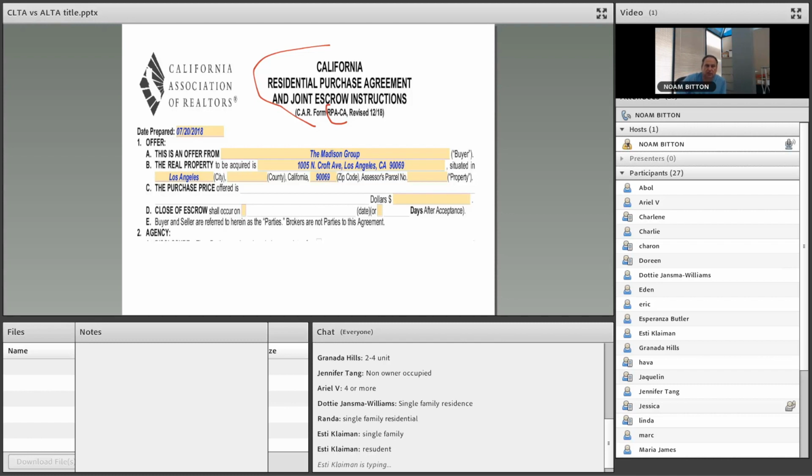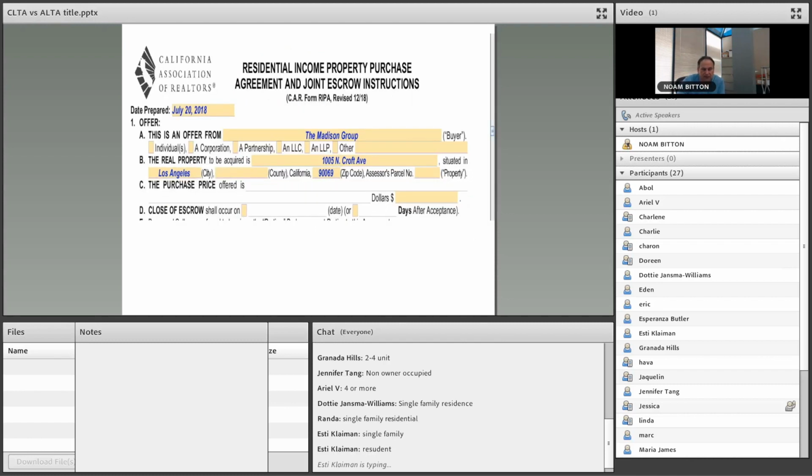That's for the RPA. However, any income property, which is basically a property that generates income to the owner, has to be written, the way I want it, with a residential income property purchase agreement. It doesn't matter if the owner is going to live in one of the units or not, owner-occupied or non-owner-occupied.